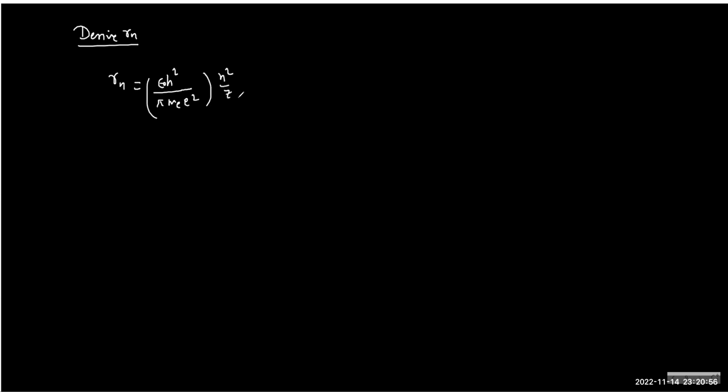Very good. That's the same thing. I told the energy answer by mistake. You said e power 4, I don't know how you got e power 4. So this is the derivation of radius.